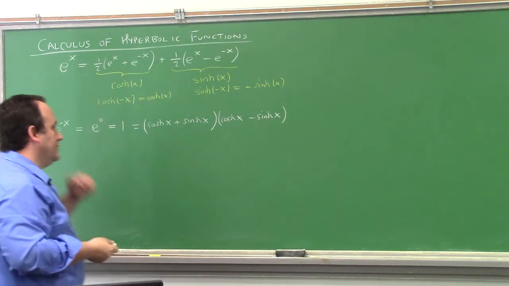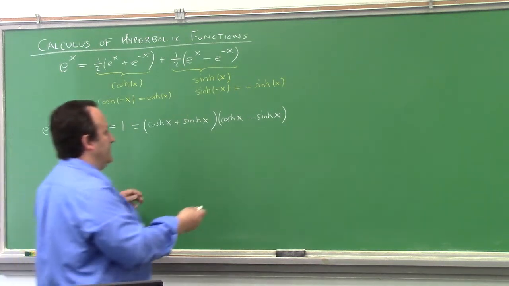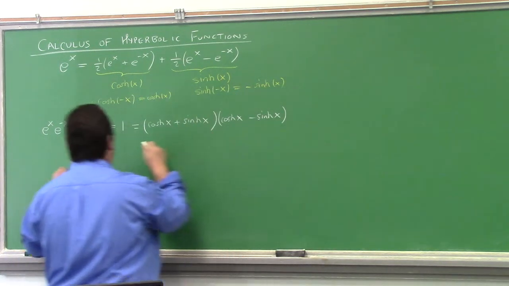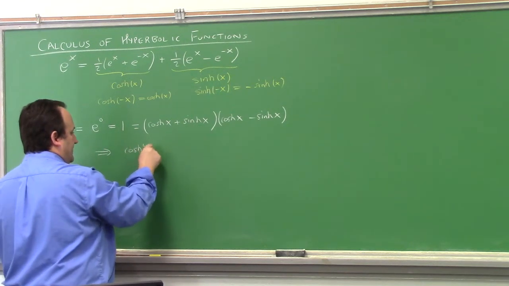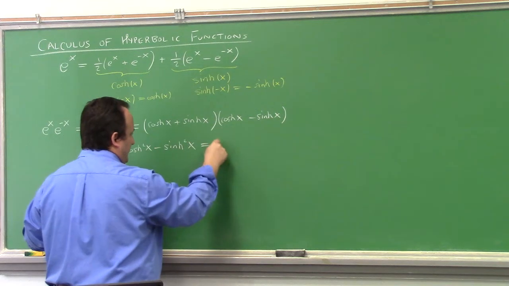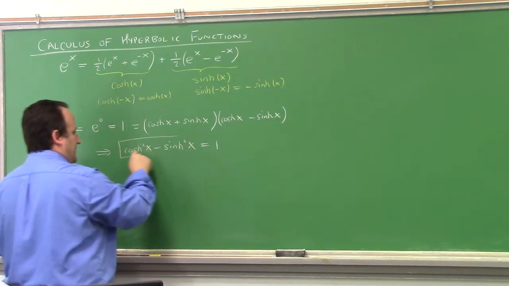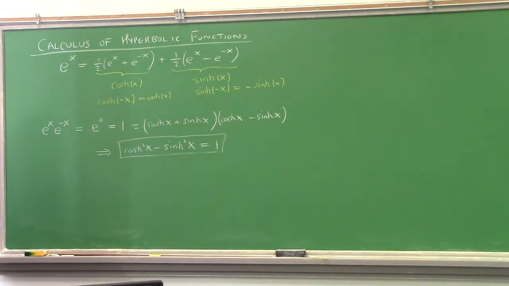And so when we multiply those out, we get cosh squared minus sinh squared. So that tells us that cosh squared x minus sinh squared x is equal to 1. So that's the fundamental identity for hyperbolic sine and hyperbolic cosine.